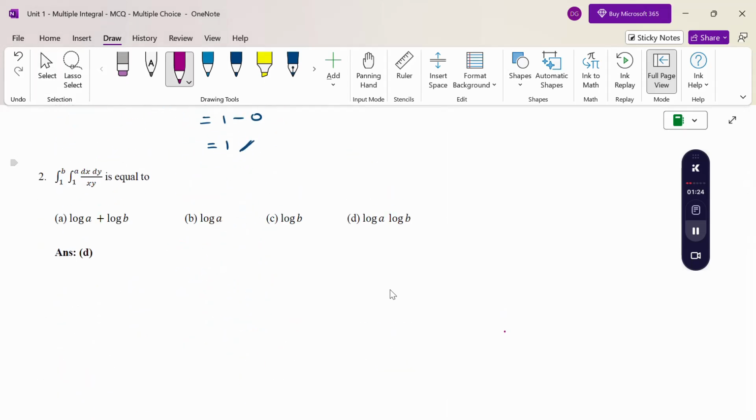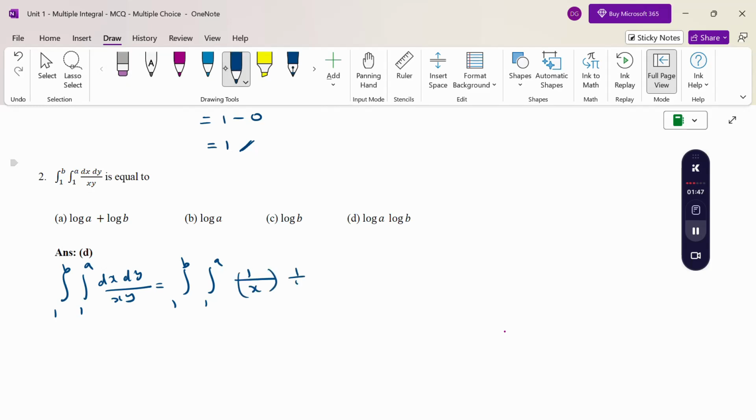And then the double integration dx dy by xy, 1 to a, 1 to b. This means 1 by x, 1 by y, dx dy.